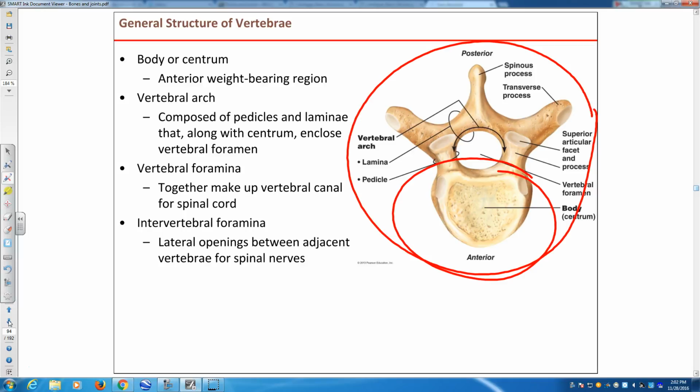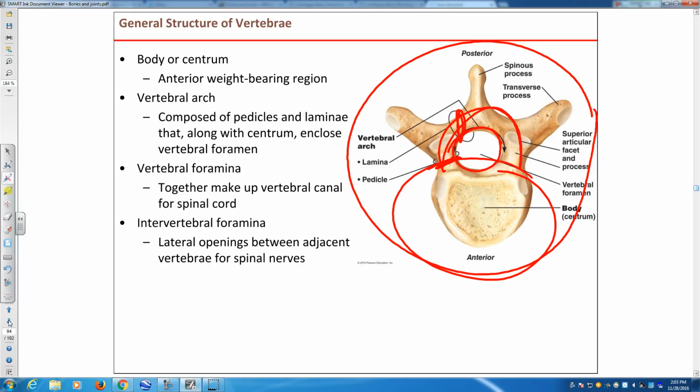The vertebral lamina and vertebral pedicle all form the vertebral arch. So the body and the vertebral arch form the opening, which is called the vertebral foramen. This opening houses the spinal cord. That's where the spinal cord is. It's fairly well protected. Okay?